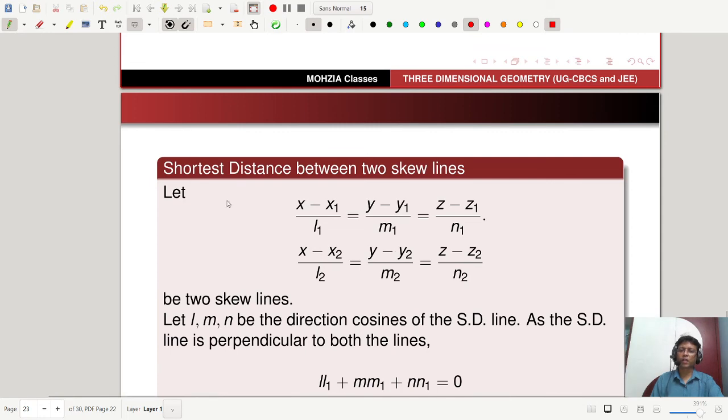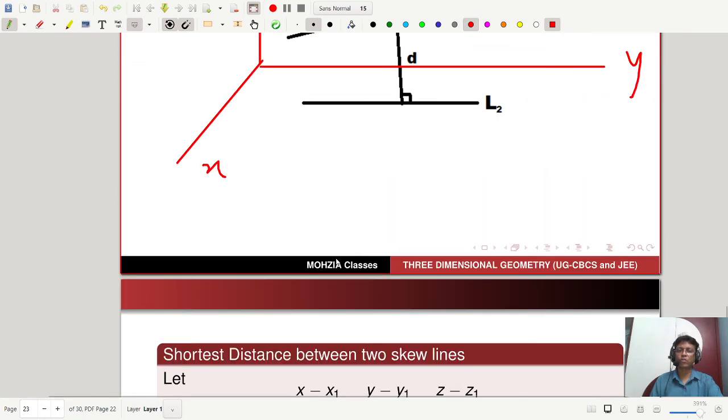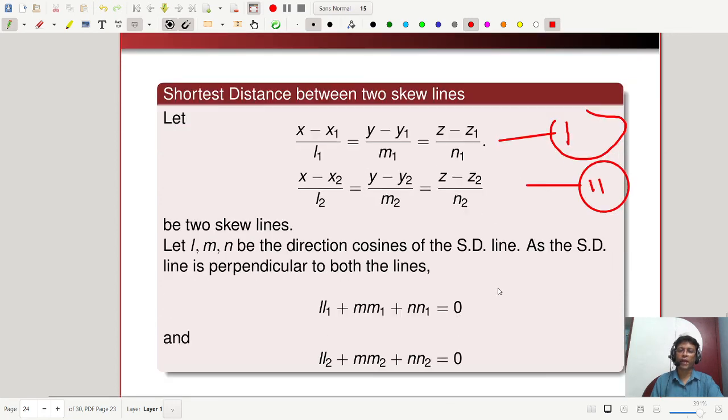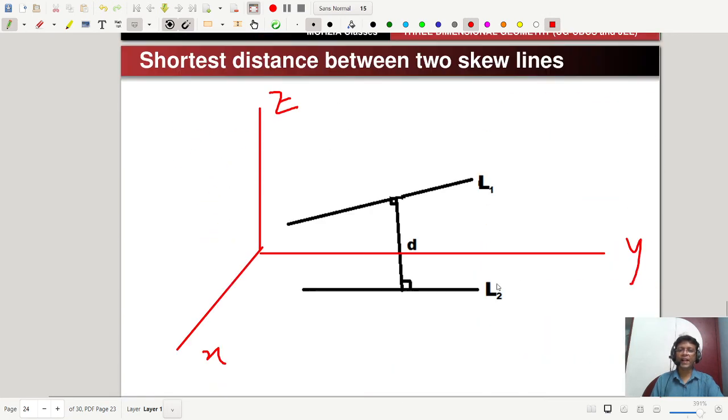Now, these two are the lines. The first line L1 is given by (x minus x1) by l1, (y minus y1) by m1, (z minus z1) by n1. And the second line passes through x2, y2, z2, and l2, m2, n2 are the components of the direction vector. This is your first line, L1, and this is your second line, L2. Now let l, m, n be the direction cosines of the vector that lies on the line of shortest distance.